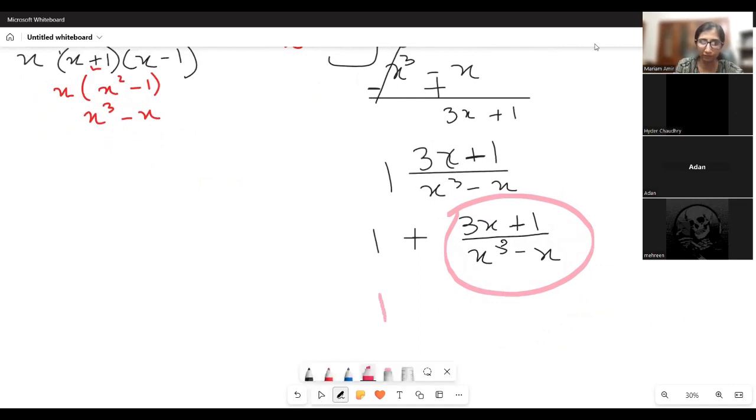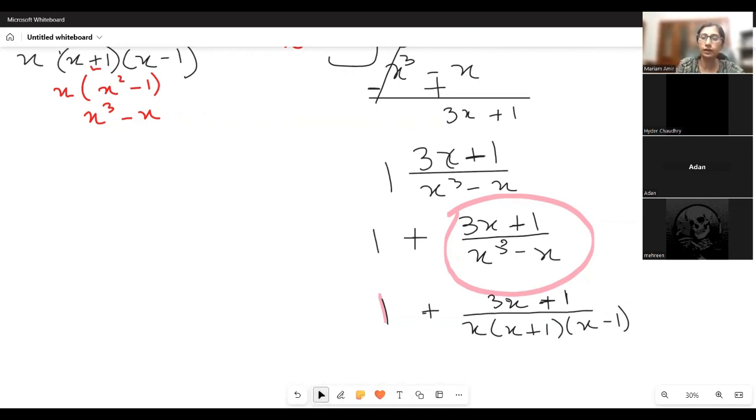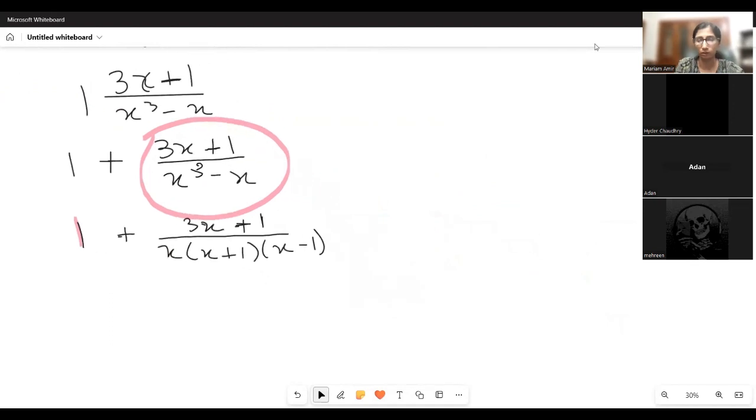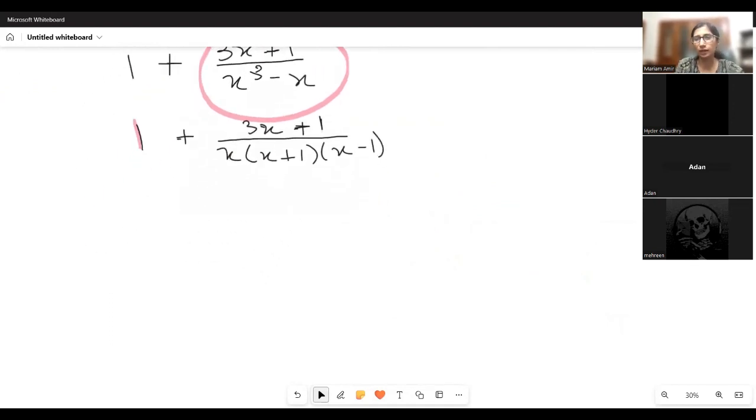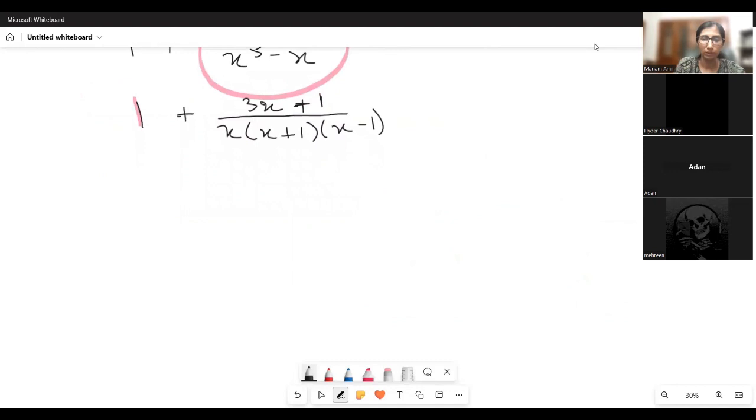So 1 stays the same, plus the denominator is x plus 1, x minus 1, and the numerator for that is 3x plus 1. Okay, so we can ignore the plus 1 at the left for now and do partial fractions of 3x plus 1 upon that. And in the end, we'll add 1 to our answer. So let's start breaking this down into partial fractions, just this.